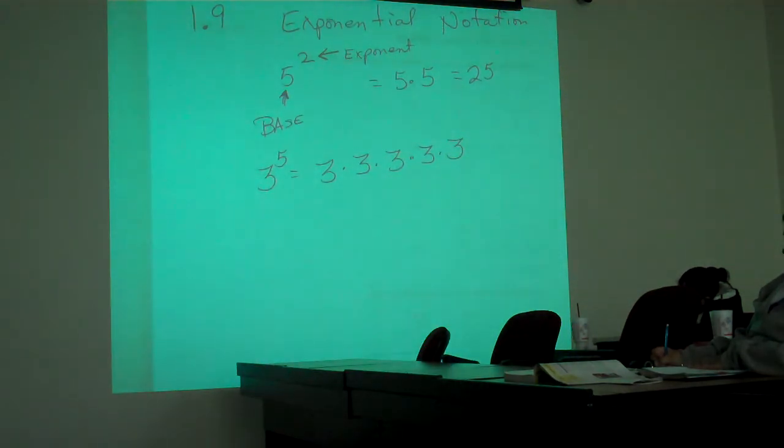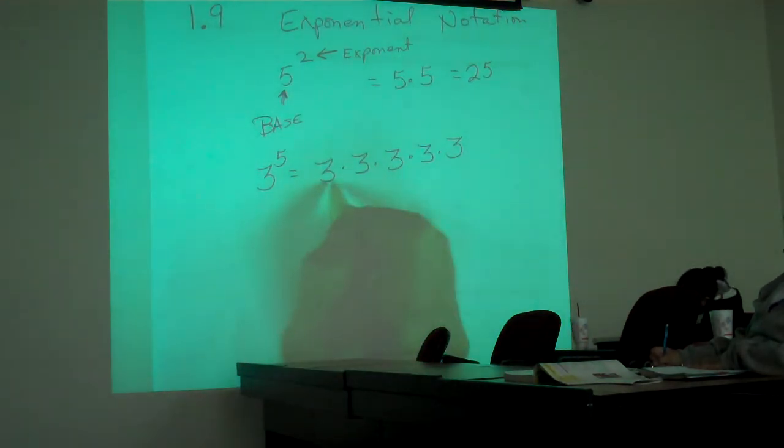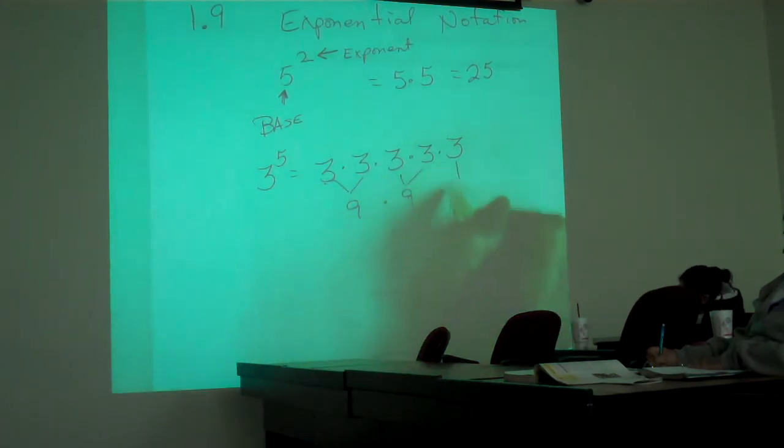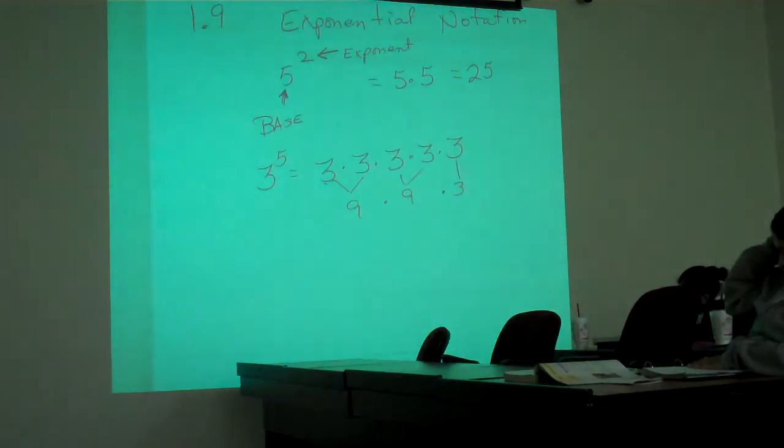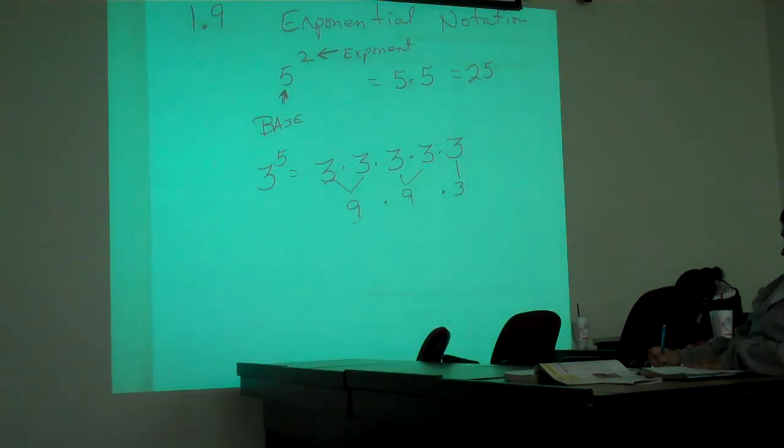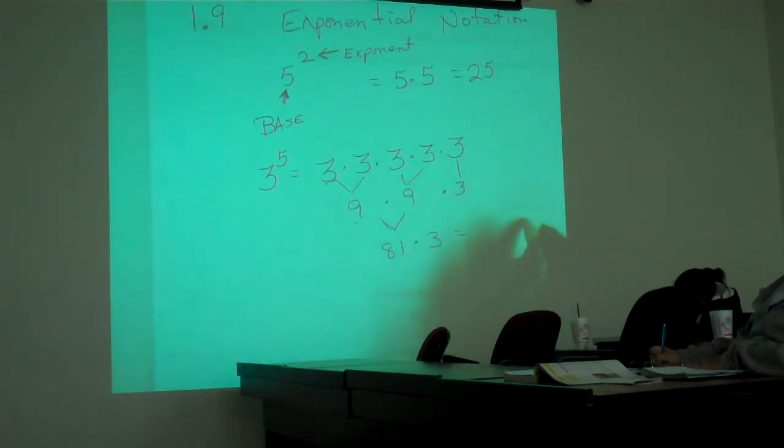You can do them in groups like 9 times 9 times 3, or you can do them one at a time. As long as you multiply all of them and get one answer, it'll come out to the same answer, no matter what order you do it. And that 9 times 9 is 81 times 3, 243. 3 times 1, and then 3 times 8.